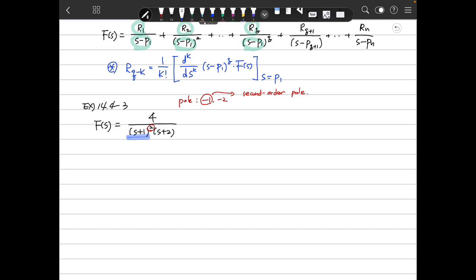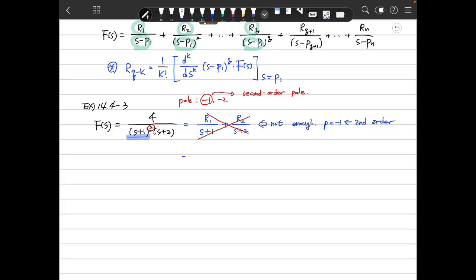Anyway, for partial fractions, there will be R1 over (s plus 1) plus R2 over (s plus 2). That's it? This is not enough. Why? The pole minus 1 is second order, so we need one more parameter. So this is not good.